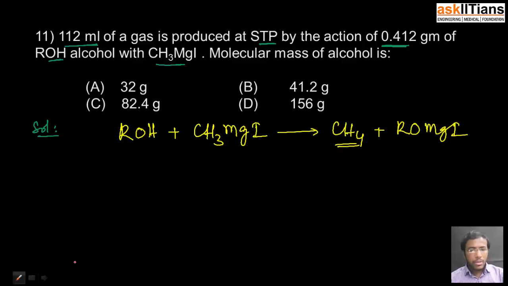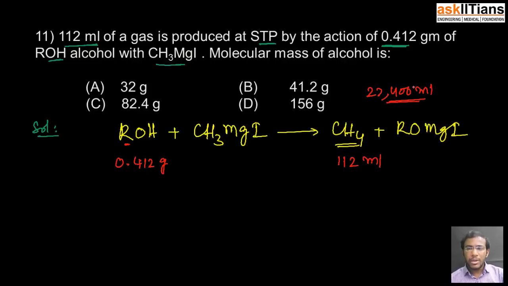Here, 0.412 grams of alcohol gives 112 ml of gas, and we want to calculate the molecular mass of this alcohol. This reaction is already balanced, so 1 mole of alcohol gives 1 mole of methane gas. 1 mole of gas is 22.4 liters, that is 22,400 ml.